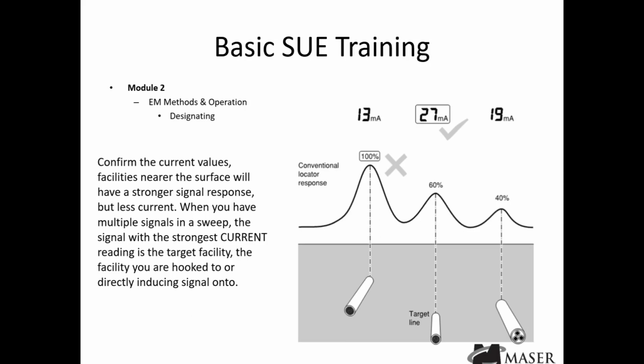That is your target facility, not the highest quantity of signal, it's the highest amount of current. In this case, 27 milliamp current would indicate to you that your target line is here and that you have to ignore that other shallow facility that has a higher quantity of signal, a signal count number, because it is not your target facility.